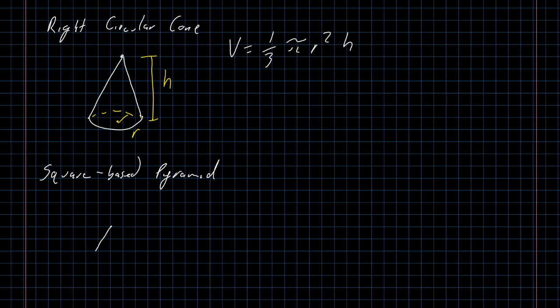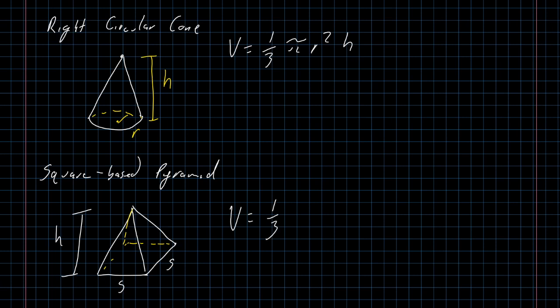If you have a square-based pyramid, which is probably the only shape we're looking at here that is harder for me to draw than the triangular prism, but if you have a square-based pyramid, and you can draw a square-based pyramid, the volume here is going to be 1/3 times the side length squared times the height.